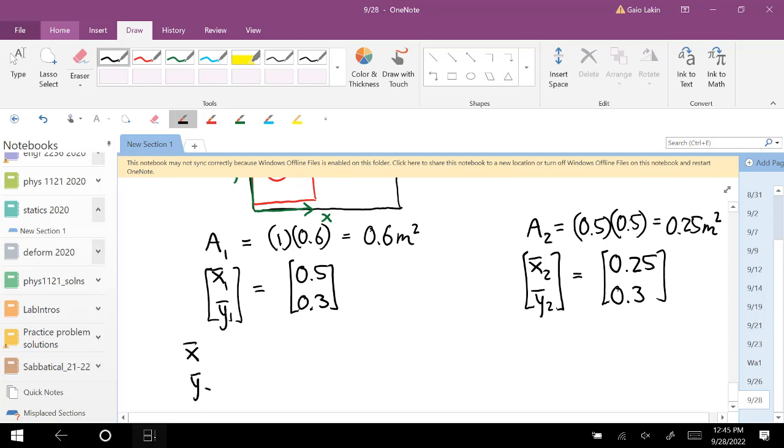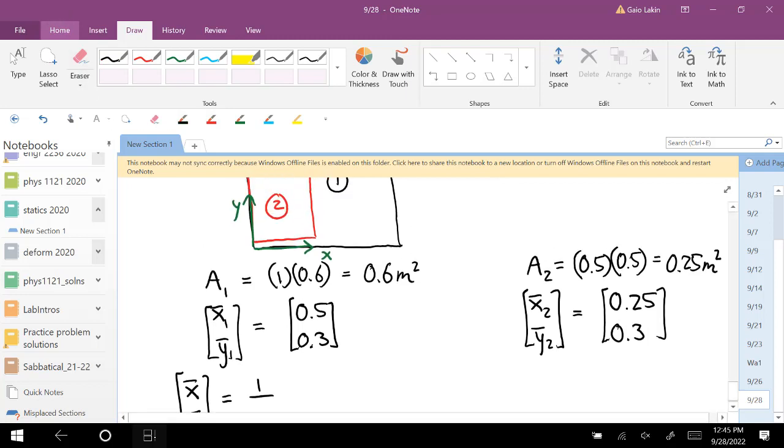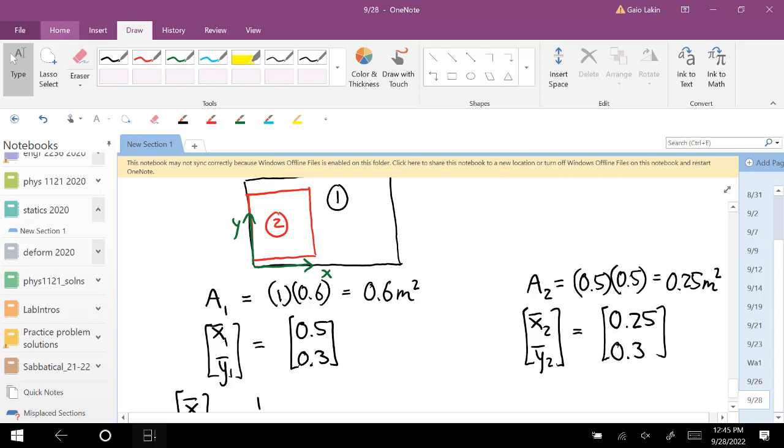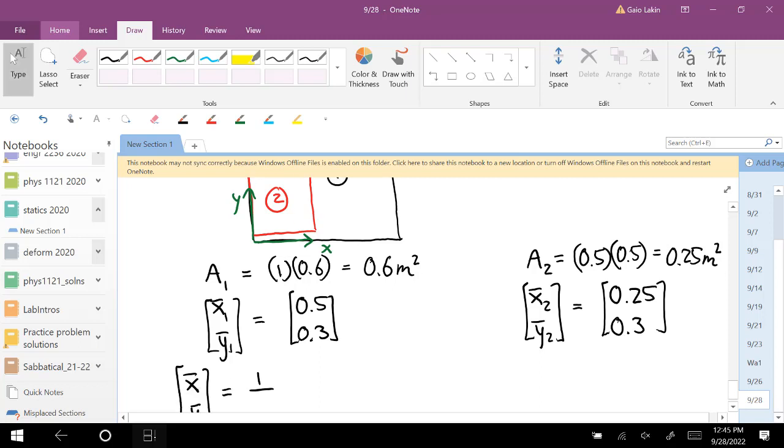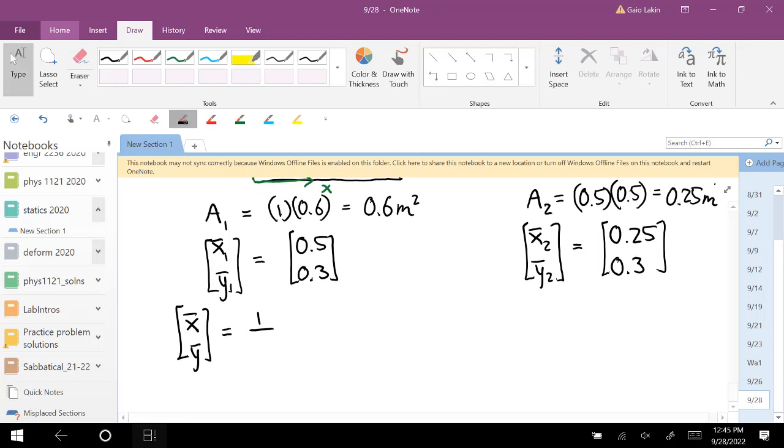So the centroid of this thing is 1 over the total area, 1 over 0.85. Nope. Because remember, I'm subtracting. So the total area is going to be 0.6 minus 0.25. So 0.35.